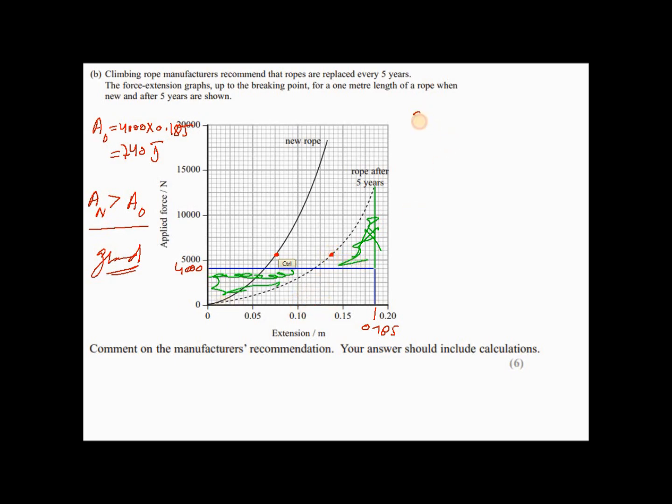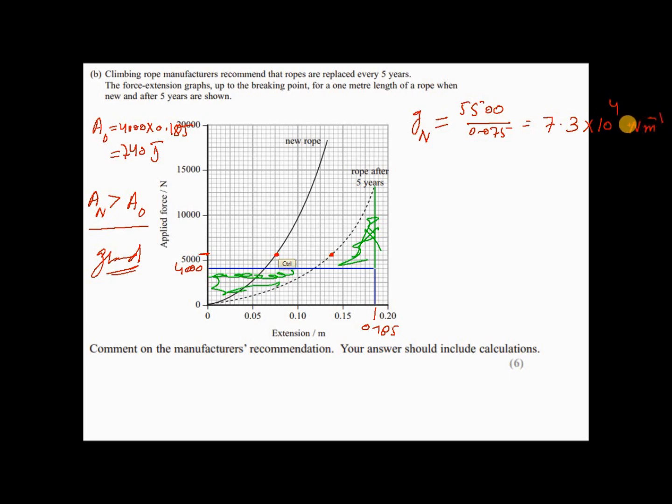So the gradient for the new rope will be 5500, that amount of force, divided by the extension at that moment, 0.075. So the gradient will be 7.3 times 10 to the power 4 newton meter inverse.